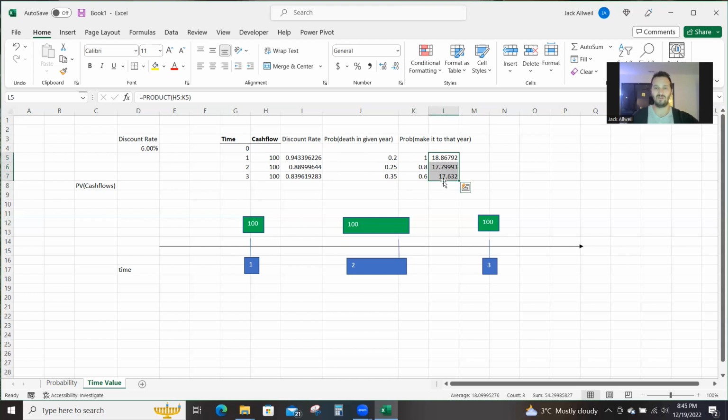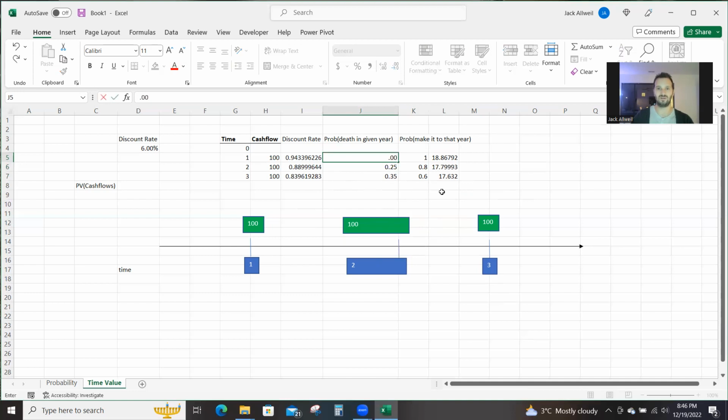And it goes down a little bit each year, but they're going to pay the sum of these, about 54.30, to insure themselves for the next 3 years. I mean, that's a lot. It's kind of unrealistic.